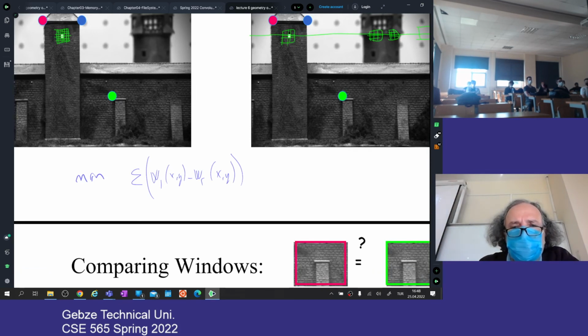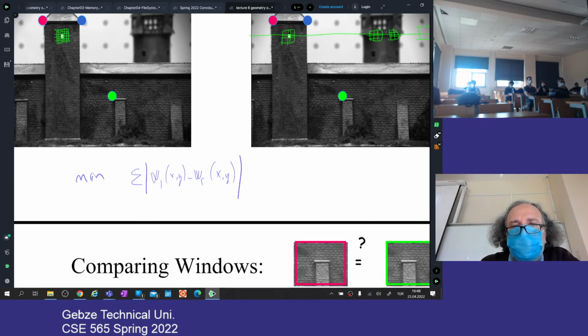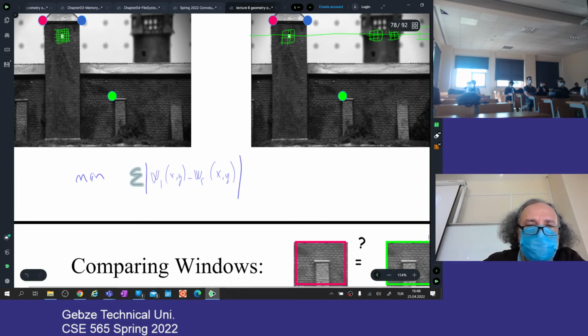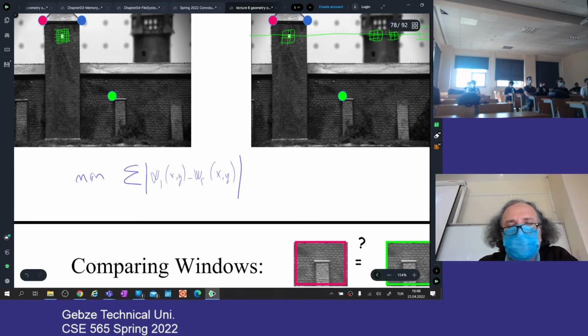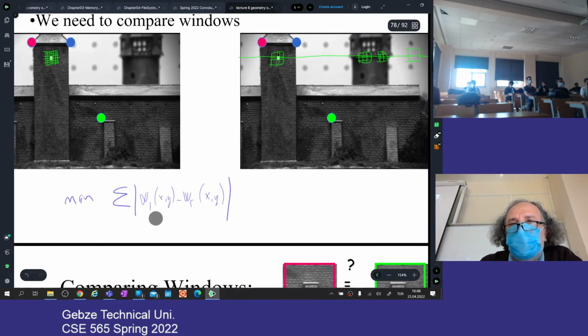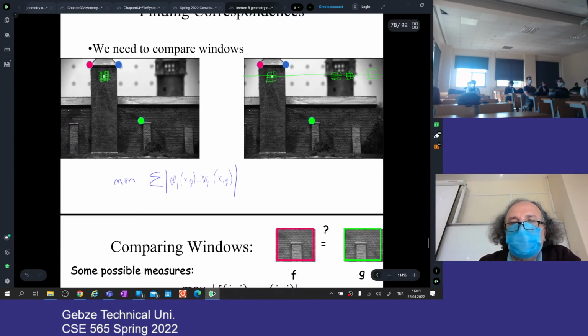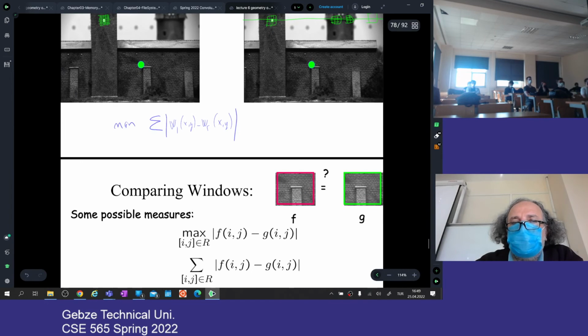So, well, maybe I should take the absolute value of it, right? Take the absolute value of this value and add them up, and this is what you're going to get. Okay. Find a window on the right image that will minimize this summation. Okay, so that's one thing.